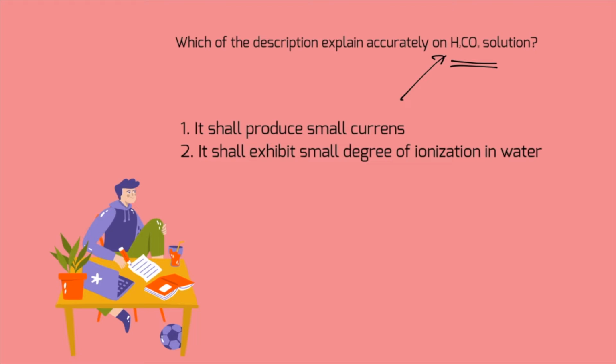Although it may ionize in water, it doesn't ionize completely, hence there will be very few ions inside that particular solution, hence it will be a very weak conductor, as it will not produce that much current inside this solution.